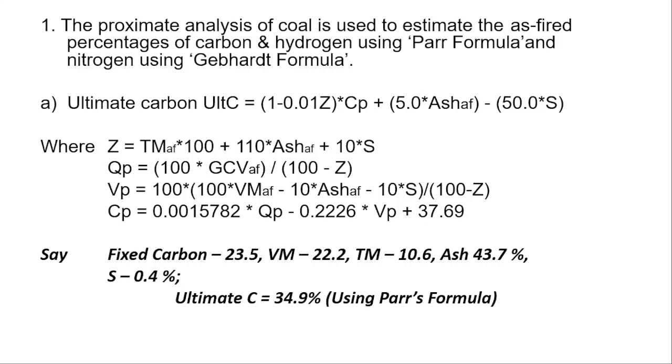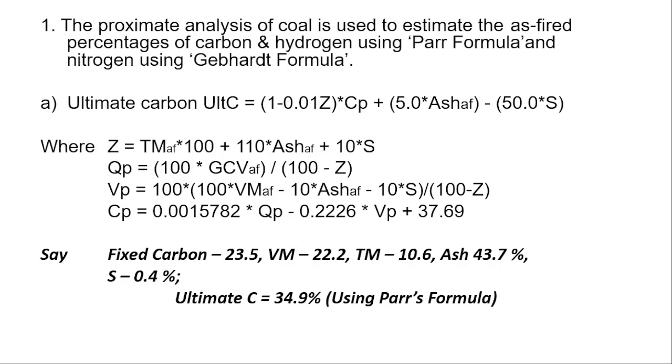The ultimate carbon, or the ultimate C, is equal to the formula that is given here, where Z is equal to total moisture as fired into 100 plus 110 into ash as fired plus 10 into sulfur.